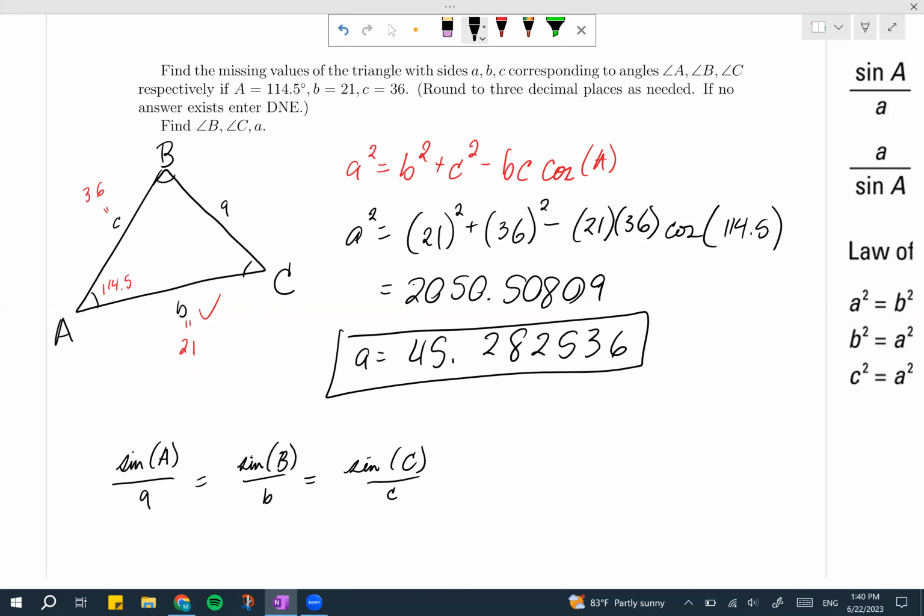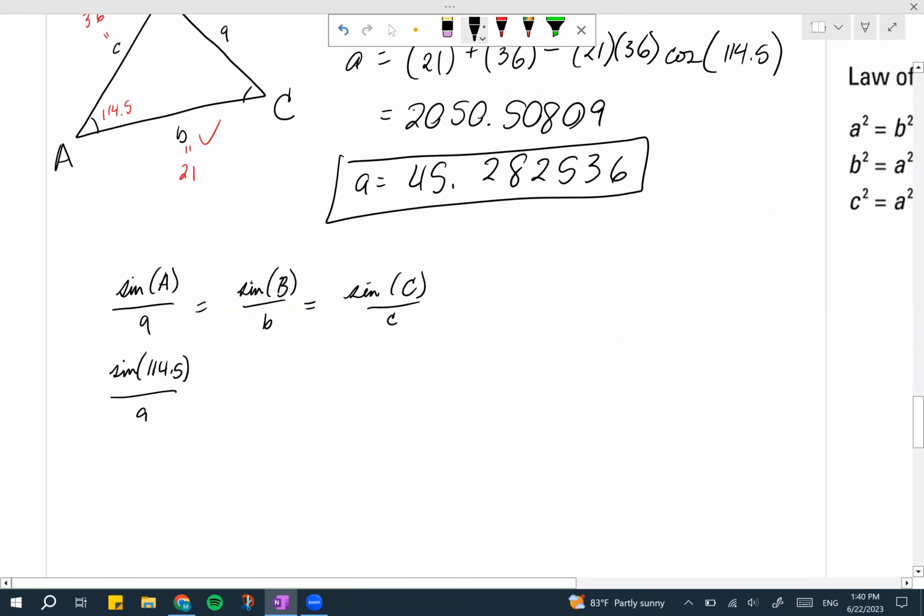So sine of 114.5 over my little a is equal to, I'm going to find big B next, over little b, which we said was 21. I'm going to multiply by 21 on both sides.